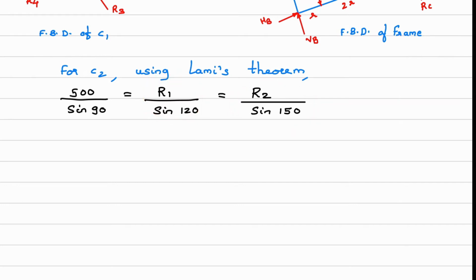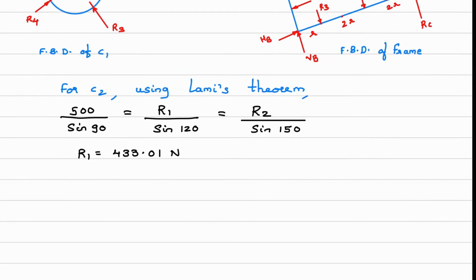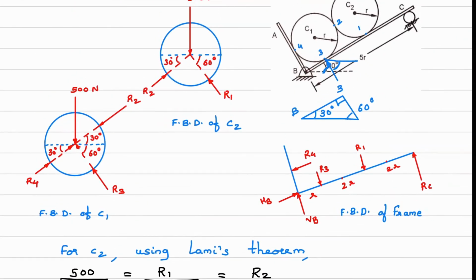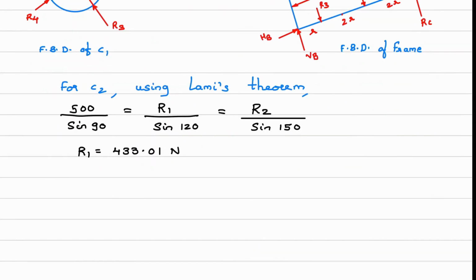Now you can see we have one value over here, so we can calculate R1 and R2. I will write down the values of R1 and R2. R1 is 433.01 Newton. What will be the direction of R1? With respect to horizontal, it is 60 degree. So this angle will be 60 degree. Then I can write down R2, which is equal to 250 Newton.